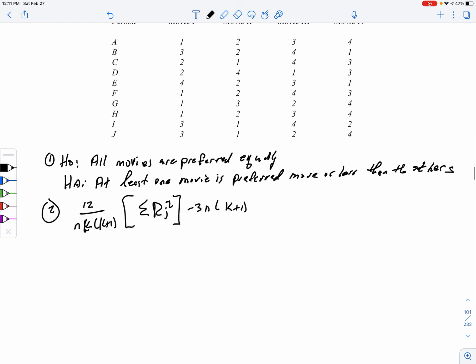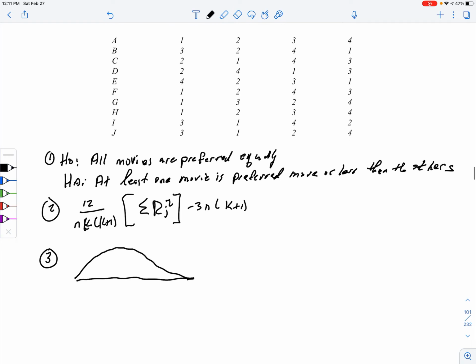Step number 3 is that this is a chi-square test. Always upper tail. So in our particular case, it's going to be a chi-square with, how many movies are we at? 1, 2, 3, 4. So it'll be 4 minus 1, which is 3.